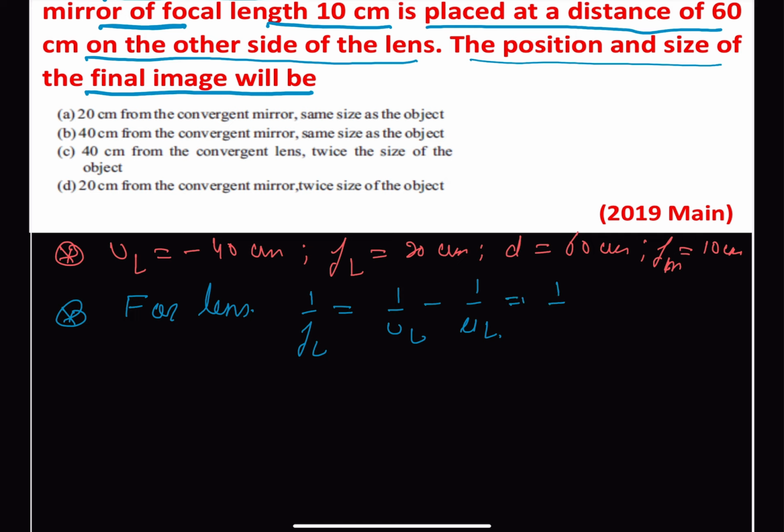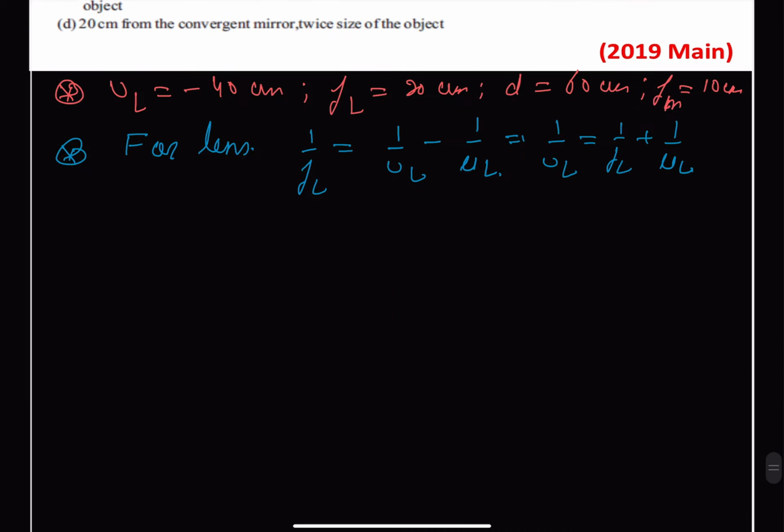So we get 1 upon VL is equal to 1 upon FL plus 1 upon UL, and from here we find VL. 1 upon VL is 1 upon 20 minus 1 upon 40.